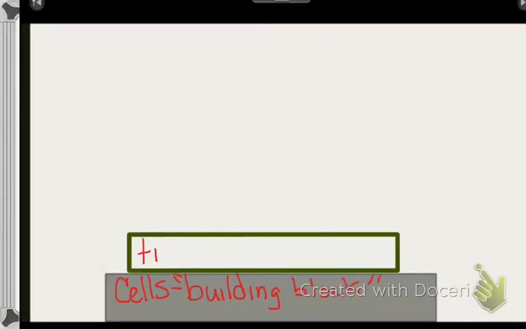All right, now to start talking, we're going to make a pyramid basically, and we're going to put cells on the bottom, because cells are the building blocks of all living things, like we just said. If it's alive, it's got a cell, so it's the building block. And when a bunch of cells work together to do a certain job, they make tissues.